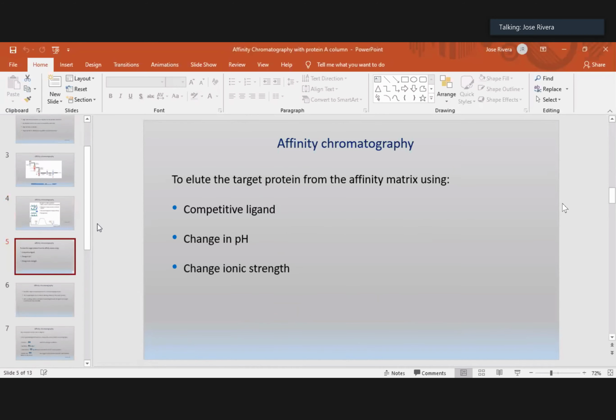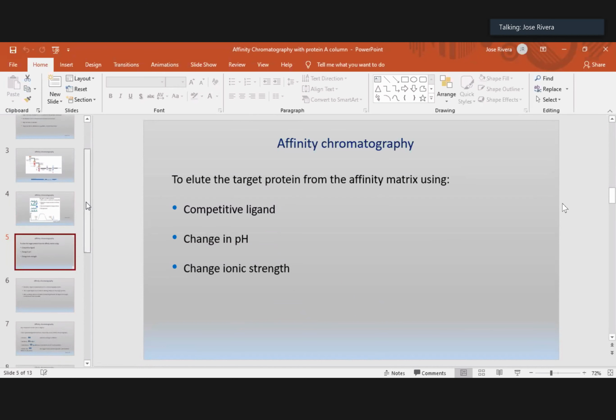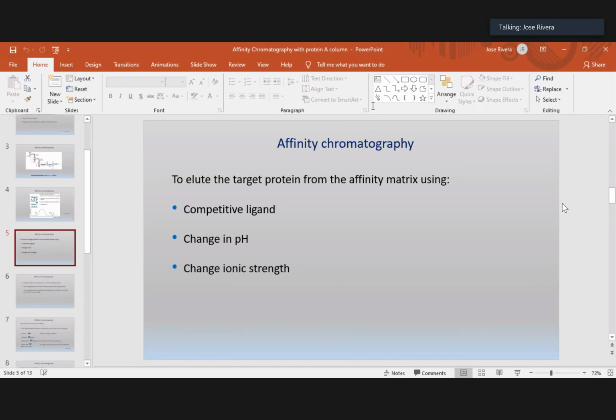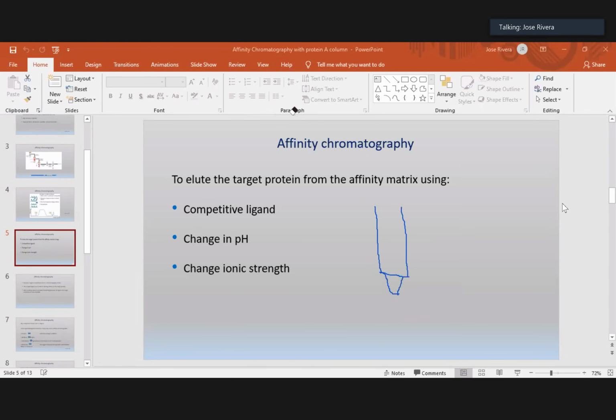Okay, so once your protein, so now you have your column here, and you had the filter here, and your protein is inside the matrix here. So you have this matrix, and your protein is stuck to the ligand in here.